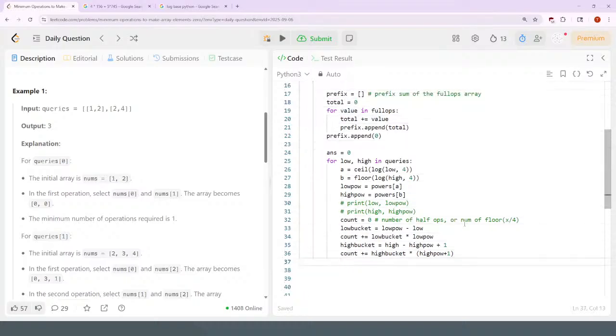So count should be adding the prefix of B minus the prefix of A, which would give you 0 if they're the same spot.